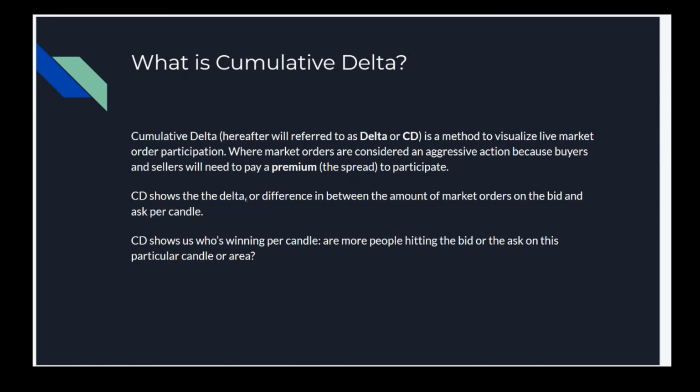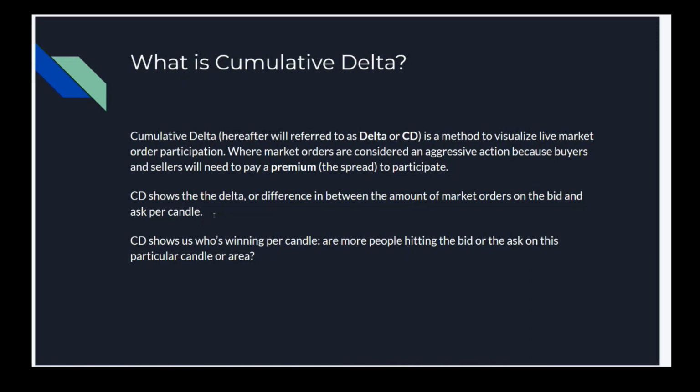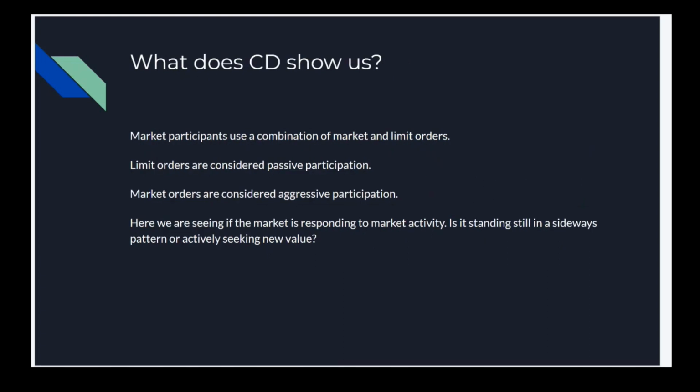CD shows the delta, or difference, in the amount of market orders on the bid and ask per candle. A simpler way that I like to think about it is who's winning per candle, who's the strongest participant. Is it really strong in selling, or is it really strong in buying? That's probably a really simple way of explaining it, but I'm a simple person.